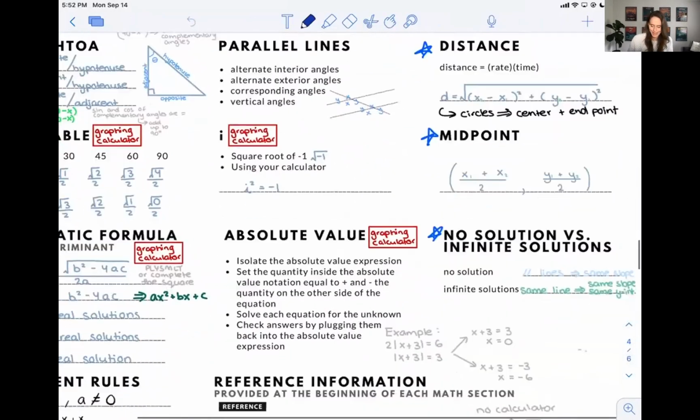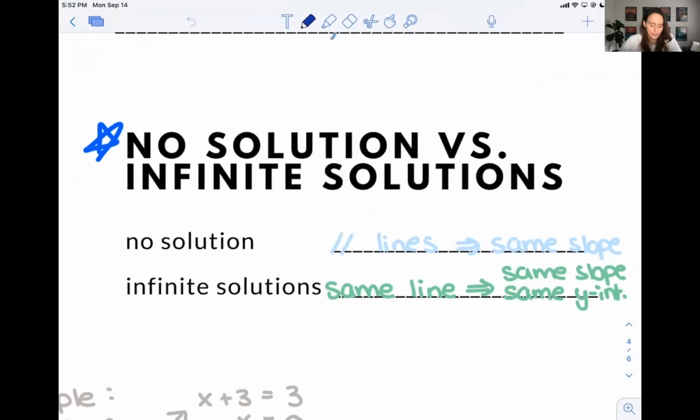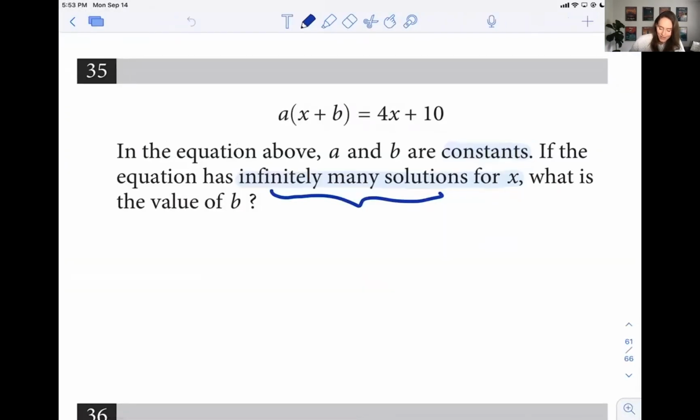If we look at our back page here of the core concepts, it says infinite solutions means it's the same line. So we have the same y-intercept and the same slope. So if I go back here, I know that I have the same line, same y-intercept, and then the same slope.